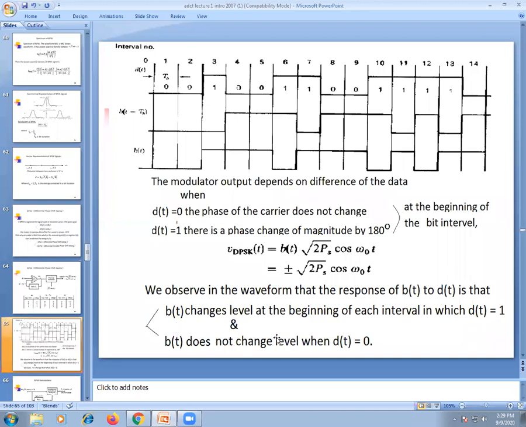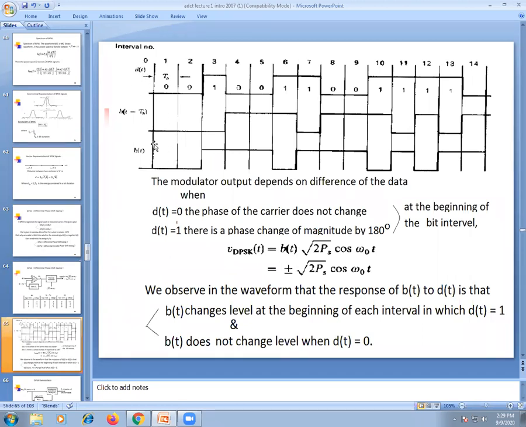So b(t) changes its level when d(t) is equal to 1. When d(t) is equal to 1, b(t) changes its level at the beginning of each interval. At the beginning of each interval, b(t) changes its phase when d(t) is equal to 1.